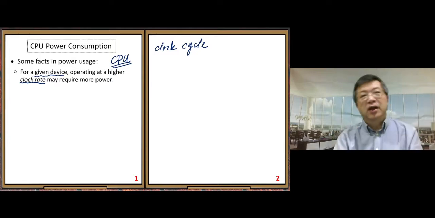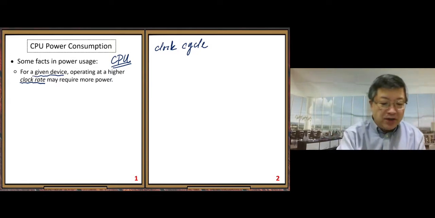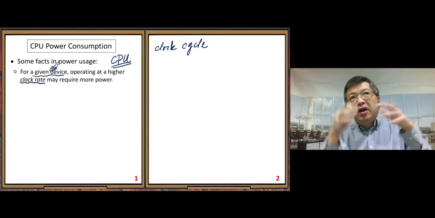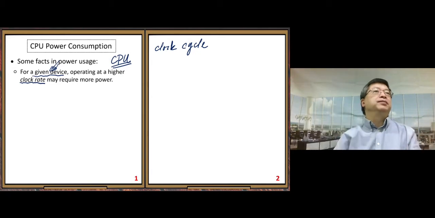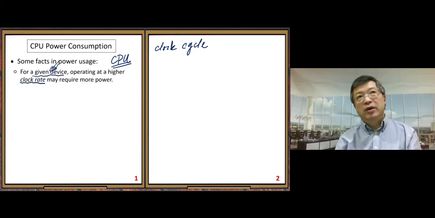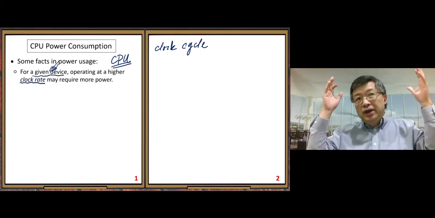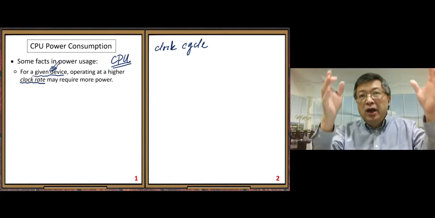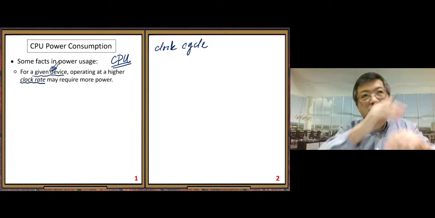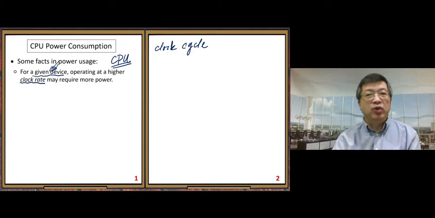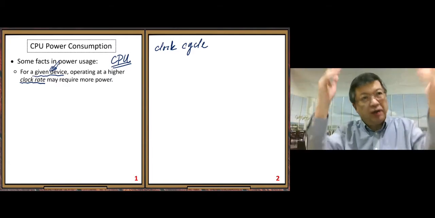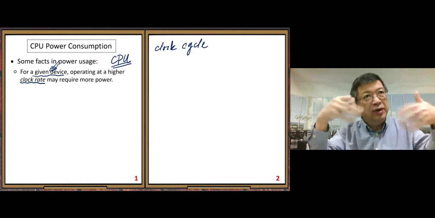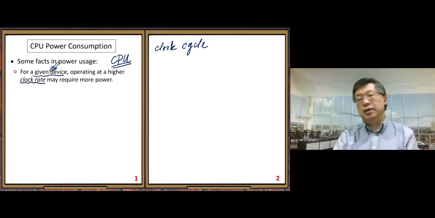Those devices we're talking about here are controlled by the clock cycles. So later, when we study the CPU instruction set, we will use clock cycles a lot. Everything we're doing is based on the clock cycles.